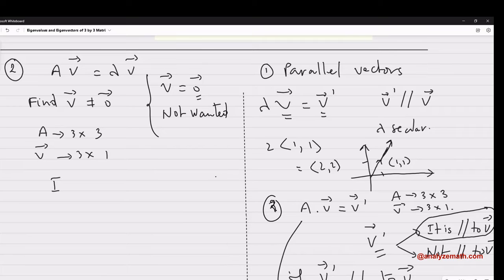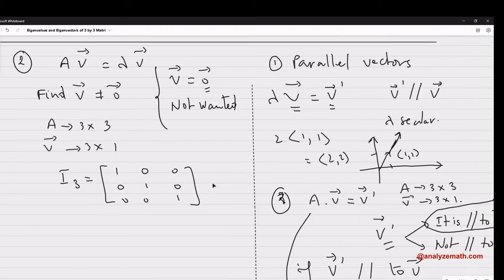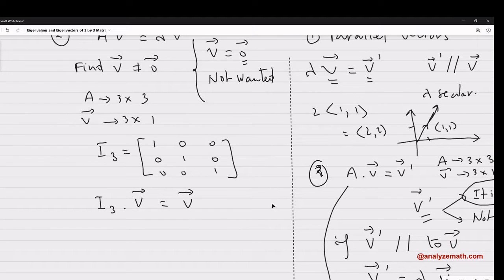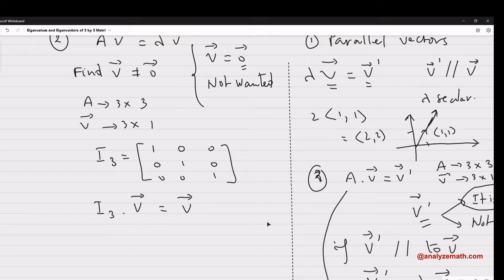So let's consider the 3 by 3 identity matrix I3, written 1 0 0, 0 1 0, and so on. If you multiply this I3 by any vector of the form 3 by 1, you will obtain the same vector because this is an identity. You can try it as an example. This is a very well known result.